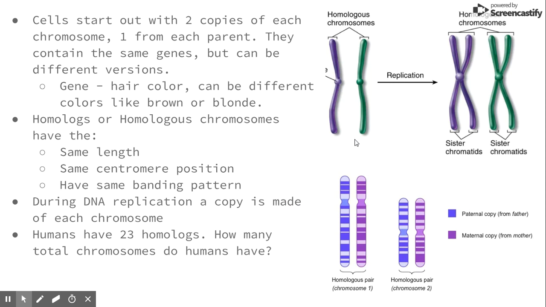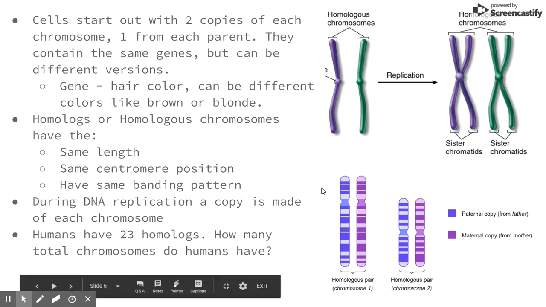Now, in organisms like humans, our DNA comes in what we call homologous pairs or homologs. A homologous pair is a pair of chromosomes that have the same length, like these do right here. They have the same centromere position, so their centromere's in the same spot. And then they have the same banding pattern. I'm going to use this picture right down here because you can see the bands.